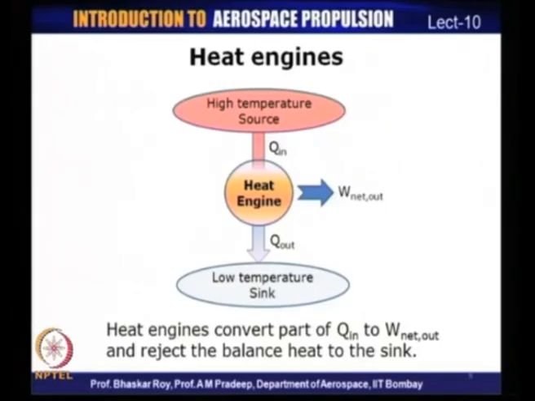What is shown here is a schematic of a heat engine. A heat engine operates between a high temperature source, which is a thermal energy reservoir, and the other end, a low temperature sink, which is yet another thermal energy reservoir. Between this source and sink, the heat engine generates a work output.